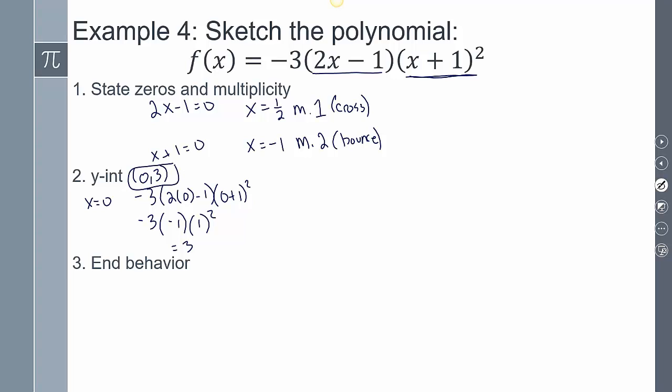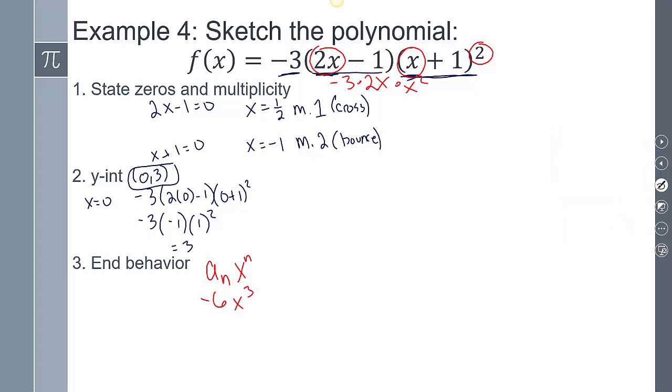And now my end behavior. For the end behavior, we have to look at the leading coefficient. So I have to multiply all of the leading coefficients here. That's going to give me -3 times, I have this one, so 2x, times I have this one squared, so x squared. And so my a sub n x to the n power is going to be -6x to the third.